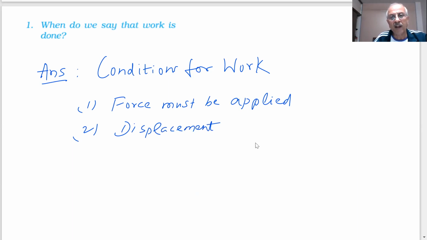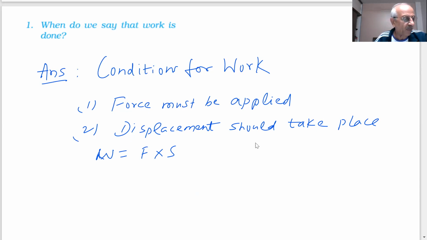So force must be applied and displacement should take place. Otherwise, there will be no work. If either of the two is zero, there will be no work done.